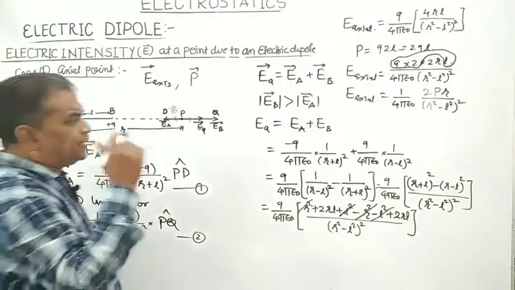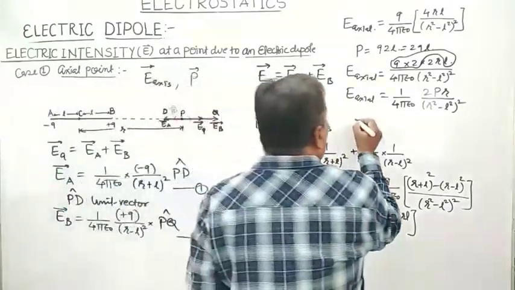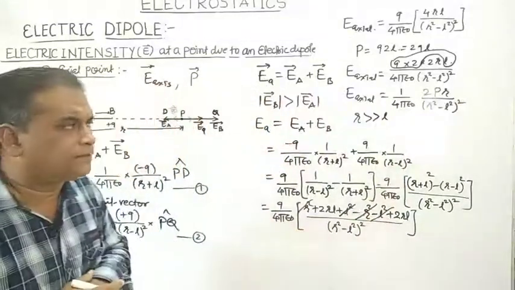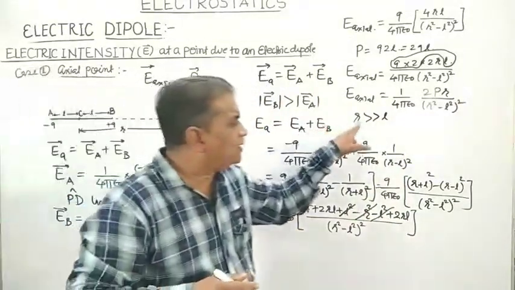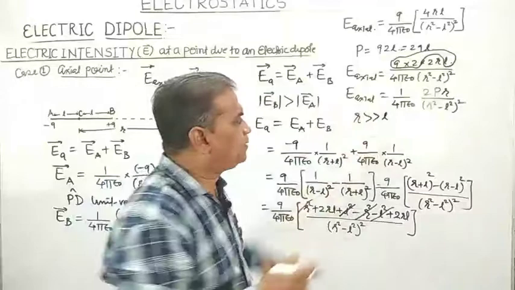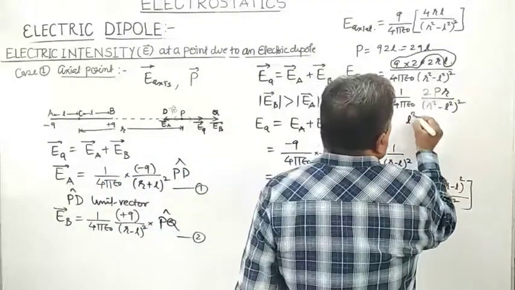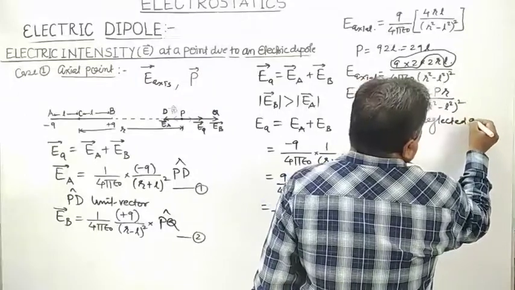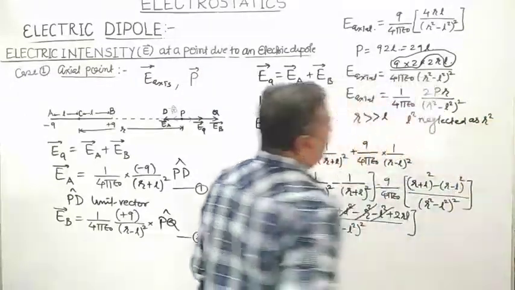Remember here, in case when R is very large as compared to L, it means L square can be neglected as compared to R square.